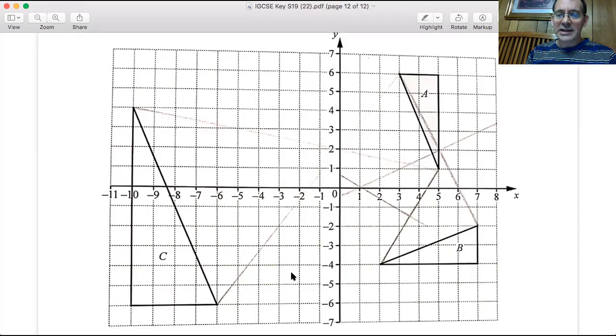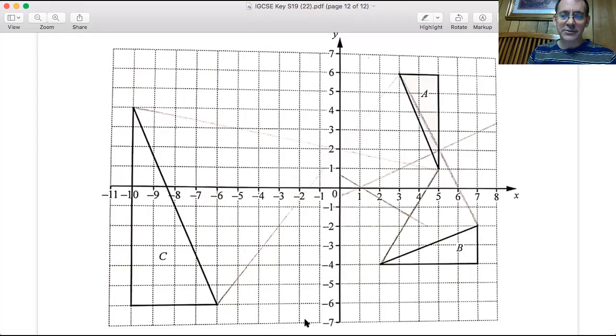Second of all, we need the scale factor. And the scale factor here, if you look at the base, it's 2. And if you look at the base here, it's 4. So that's going to be a scale factor of -2. Now it's negative not because you multiply it by a -2, you're actually multiplying it by 2. The negative is what flips it upside down. So it's because these lines crisscross.